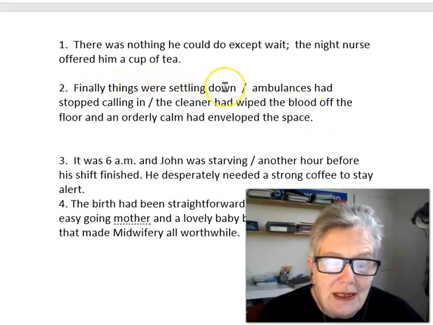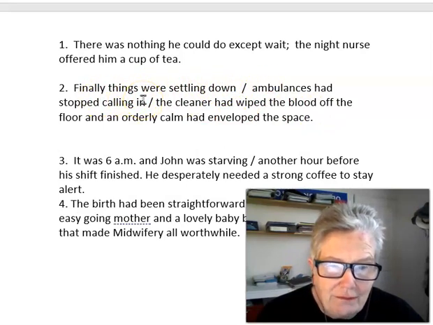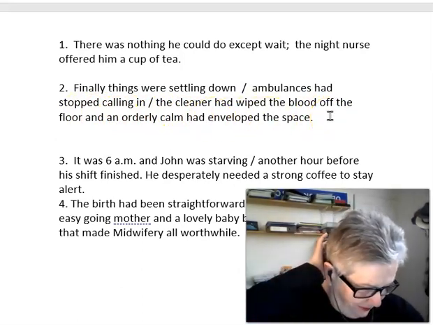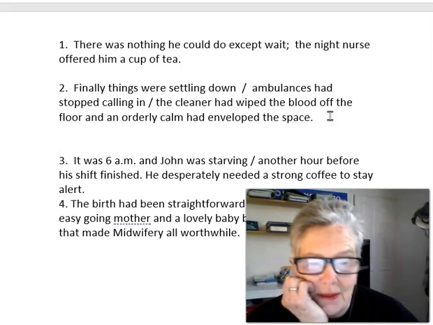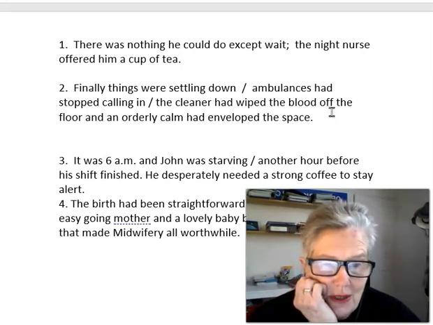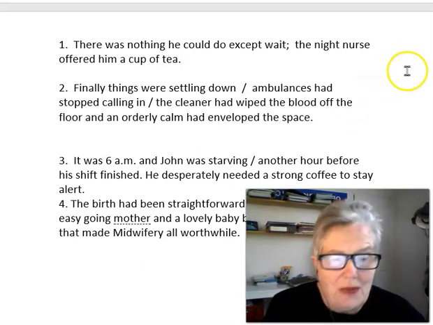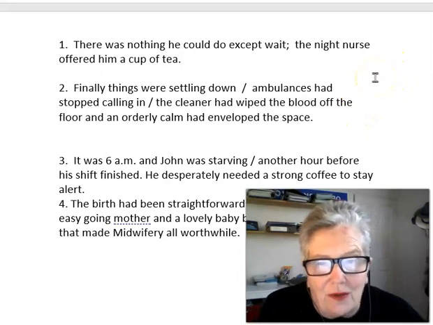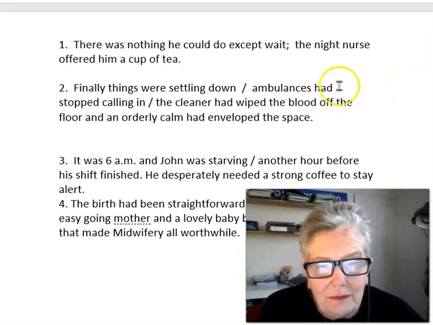Finally, things were settling down. Ambulances had stopped calling in. The cleaner had wiped the blood off the floor, and an orderly calm had enveloped the space. Sounds like after a hectic lot of emergency with ambulances coming in, there could have been a huge, massive accident on the freeway or something. So what do we put here?